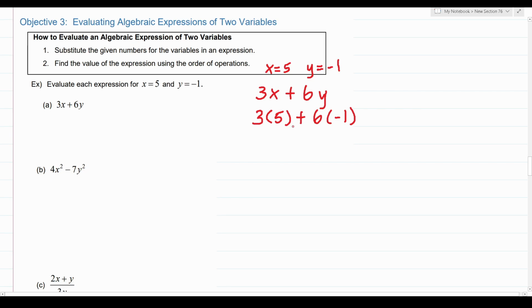So we're going to work out our multiplication first, and then our addition last. 3 times 5 is 15. 6 times negative 1: a positive times a negative is a negative, so this becomes negative 6. All right. Now we just have one operation left, notably subtraction. We should know that 15 minus 6 is 9. All right, so that's that one.